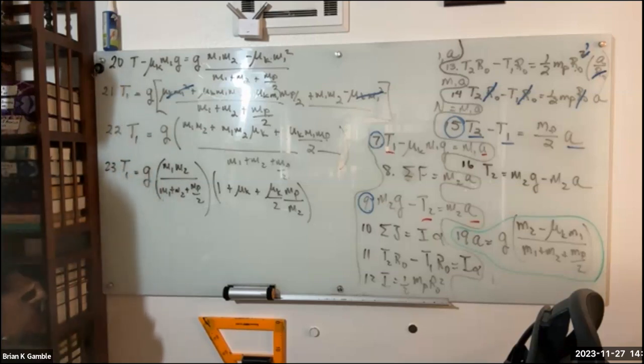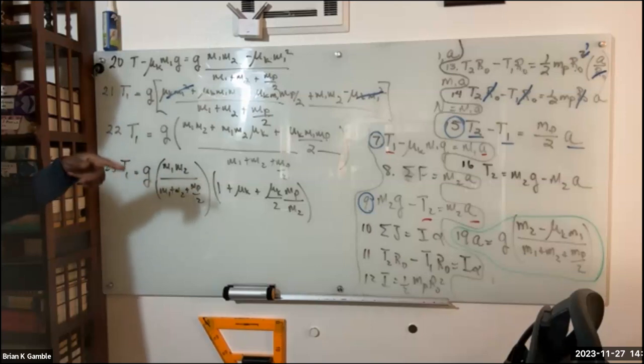So that's what my intuition led me to believe, that T1 would be greater than T for the ideal pulley. There is a possibility that I didn't think of, that they're both greater, but that this is greater than T2, but T2 is still greater than what it would be without the pulley.